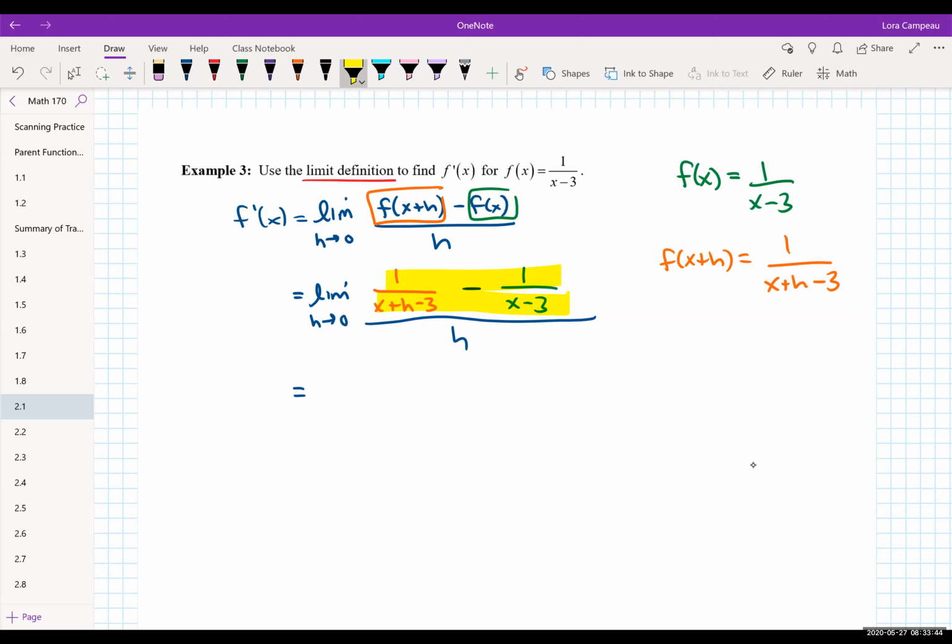So let's take a little time on that. Eventually, this is all about patience. I'm looking at trying to find a least common denominator. My goal would be to rewrite that numerator as a single fraction, combining over the common denominator.